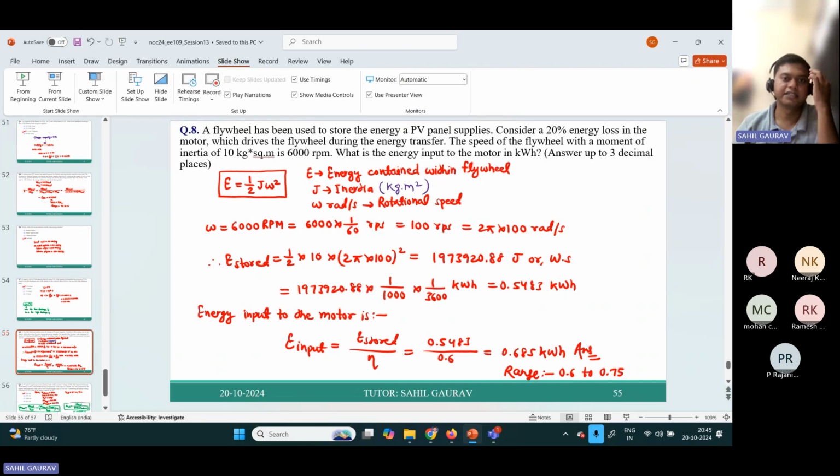So this value is given as 10 kg meter square, and omega is given in radian per second, rotational speed. So first convert 600 rpm to radian per second. So first convert to rps. To go from revolutions per minute to revolutions per second, you have to divide by 60. So you get 100 rps. And in one revolution, you have 2 pi radian. So it is 2 pi into 100 radian per second. So this is revolution per second.